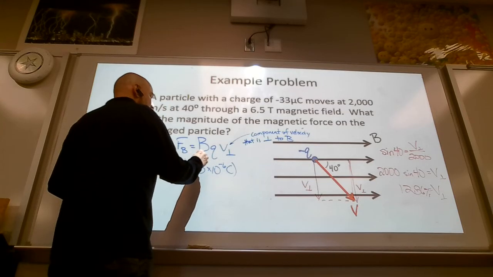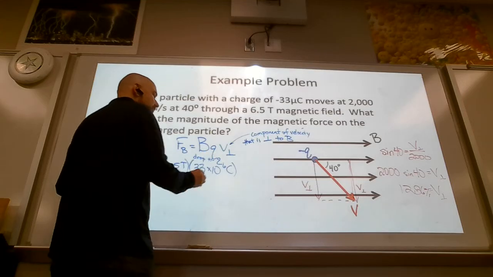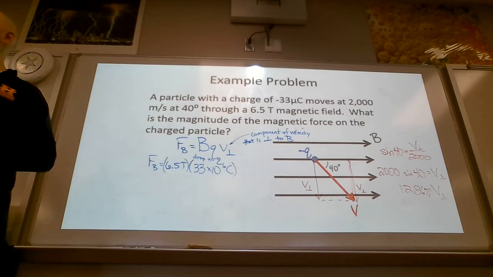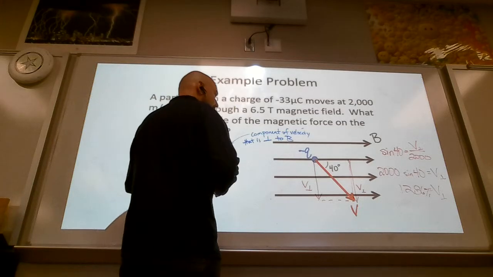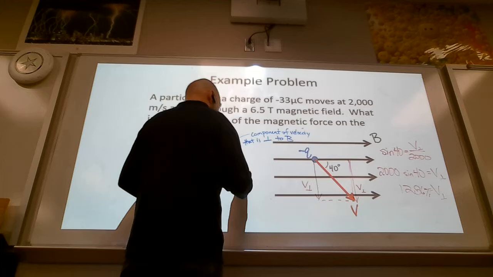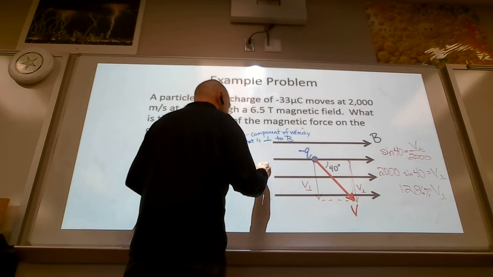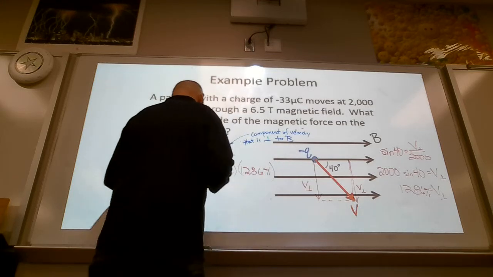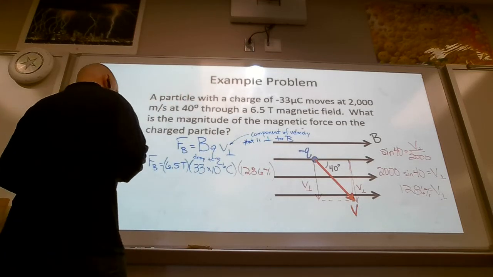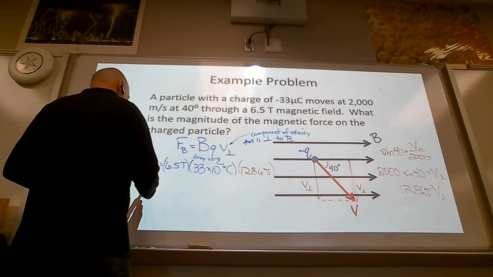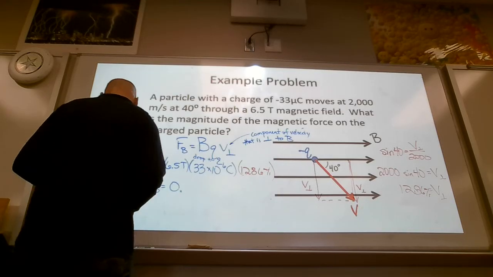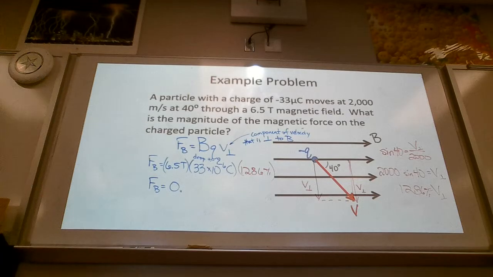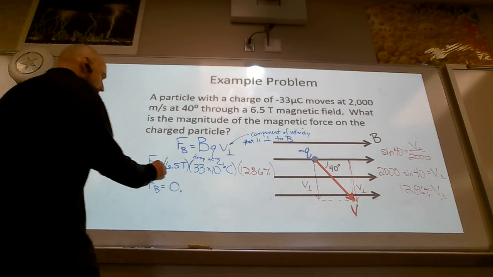Again, we're going to drop the positive and negative sign on the charge in the math, multiplied by 1286 meters a second. And when I do that, I find that to be 0.28.